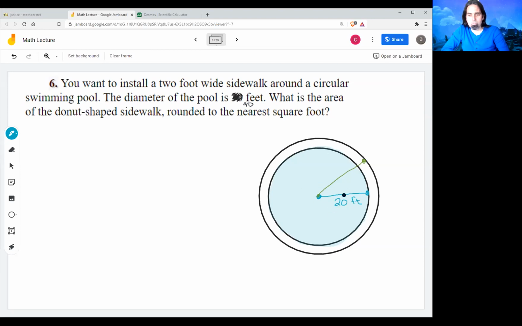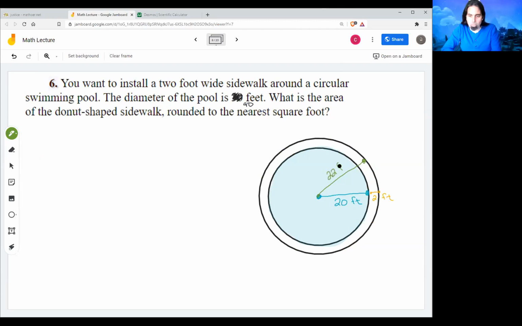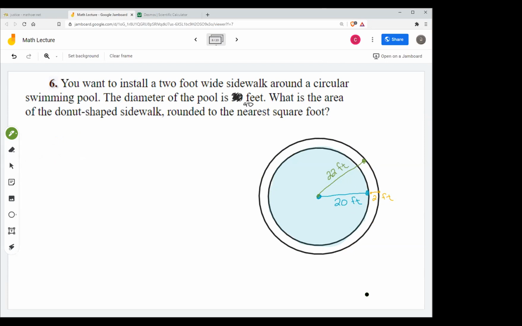Everyone okay with that one? This little extra bit here is 2. We want a 2-foot wide sidewalk going around. So what's the green radius? 22. Everyone okay with my picture? Yeah.